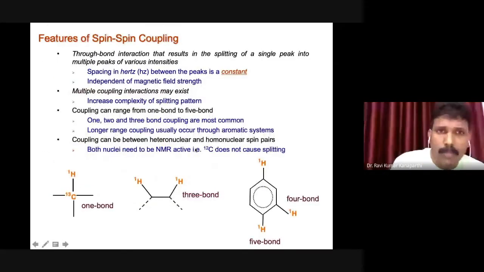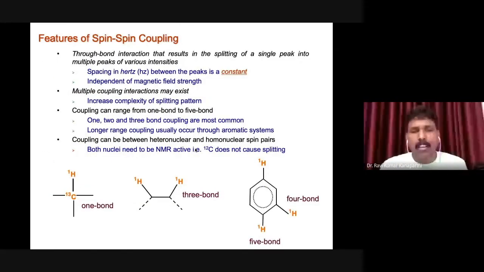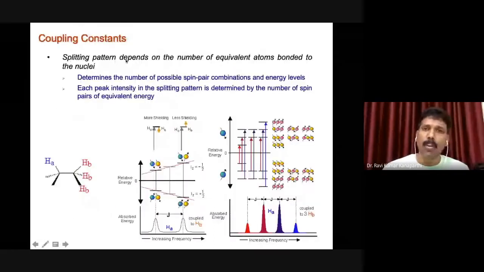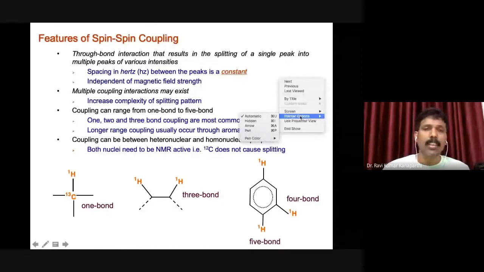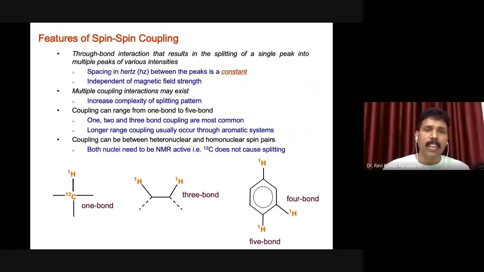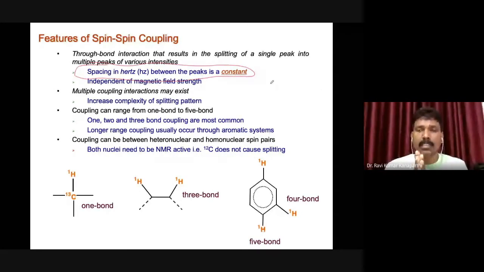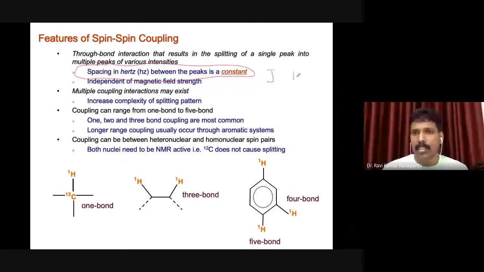Some general spin-spin coupling features are summarized here. I already mentioned that the spin-spin interaction takes place through bond, and as a result we see the fine structure. The spacing in hertz is a constant. The spacing between the fine structure peaks can be measured, and we represent it with J, and the units are hertz.